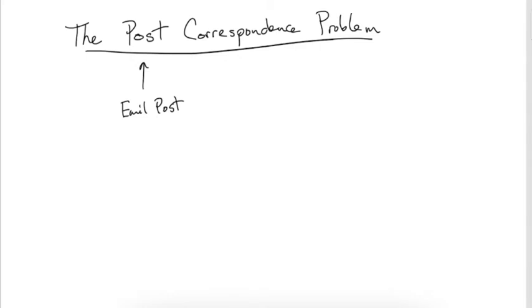No shade to Post, but I've always been kind of dissatisfied with the word string. I'm still not quite sure why they're called strings. Anybody have an opinion about that? They're kind of long and skinny, maybe? They're not floppy, though. They have ends. I don't know. It's dissatisfying to me.